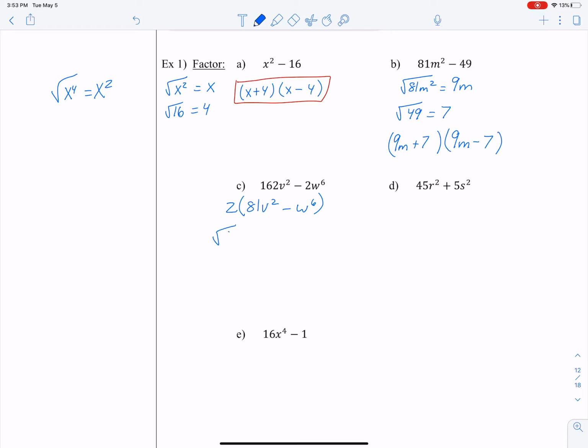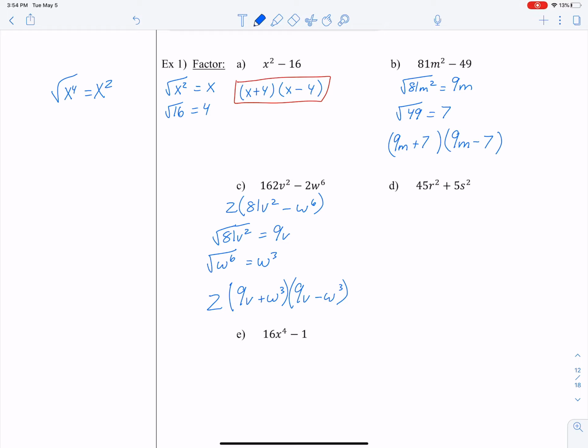And then I'm going to do the square root of 81v squared, so I'm going to get 9v. And I'm going to do the square root of w to the 6. So when I square root this, I just cut whatever the exponent is in half. So I get w to the 3. So I need to write my greatest common factor out front, 2. Then I have 9v plus w to the 3, and I have 9v minus w to the 3.